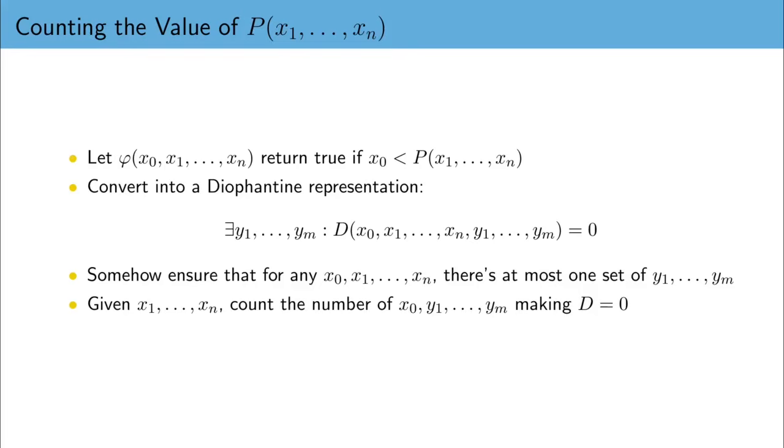So each x0 that works will give us exactly one zero of D. So if we can count the zeros of D, that's going to give us a count of the number of x0s less than p of x1 through xn, by the definition of phi. And there are exactly p of x1 through xn such x0s.